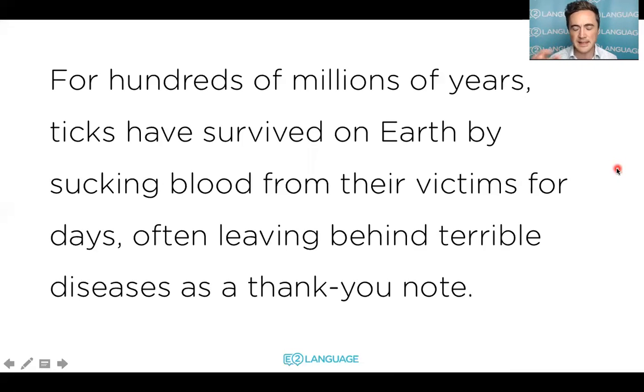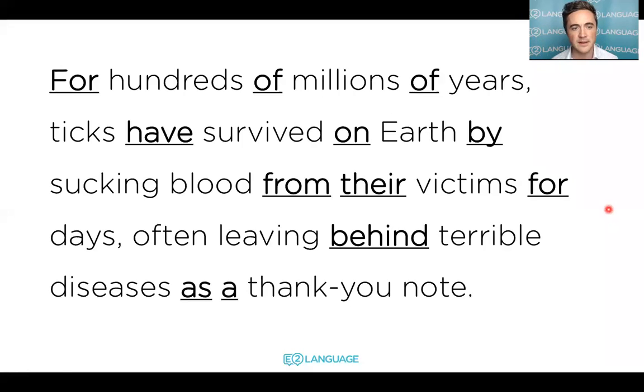So same thing. You have the ability to look at a text and you know whether the words are meaningless as well. So for, of, have. In this context, have, survive, have is meaningless. On, by, from, there, for, behind, as, are. Meaningless. They don't carry an image. They don't project an image in your mind. Like the difference between for and earth, or the difference between of and blood, the difference between from and days.